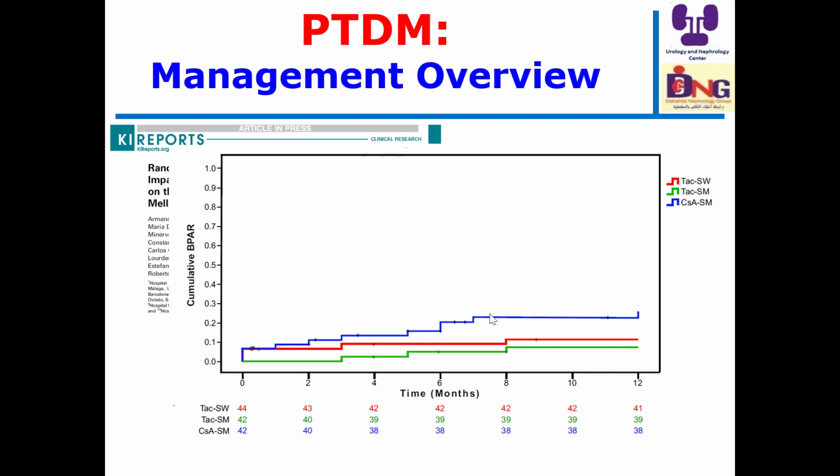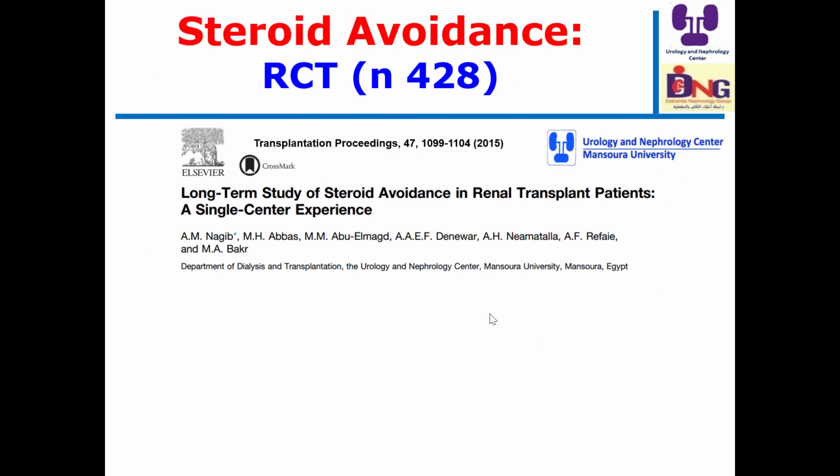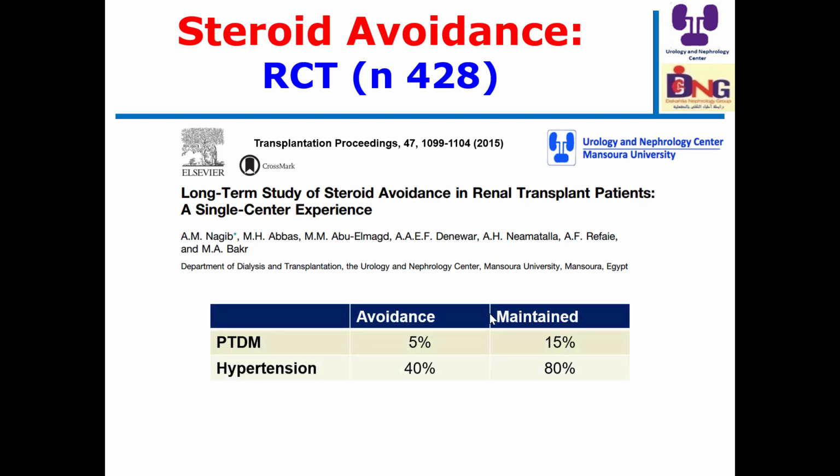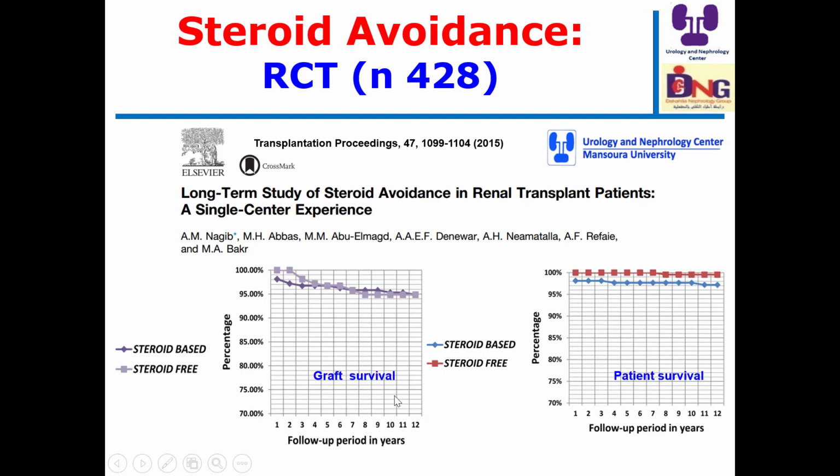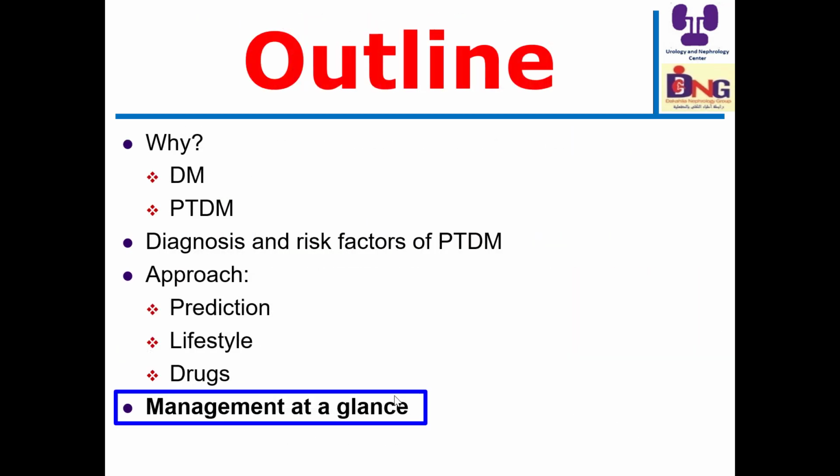Nowadays, we taper the steroid either toward steroid withdrawal within a week of transplantation, or using steroid in relatively moderate immunological risk, but with a small dose. This is our experience in steroid withdrawal regimens, that it reduced post-transplant diabetes significantly from 15% to 5%, without affecting graft or patient survival.